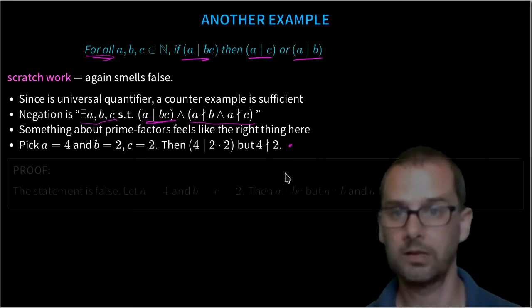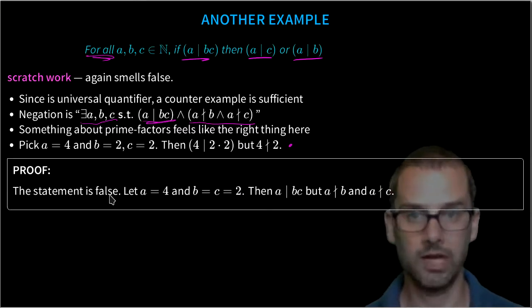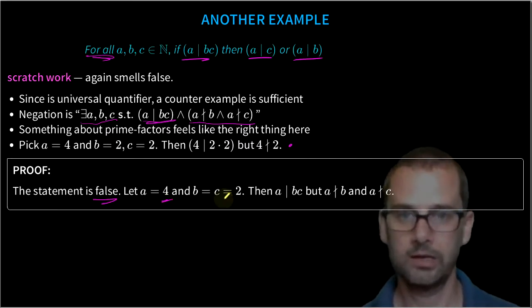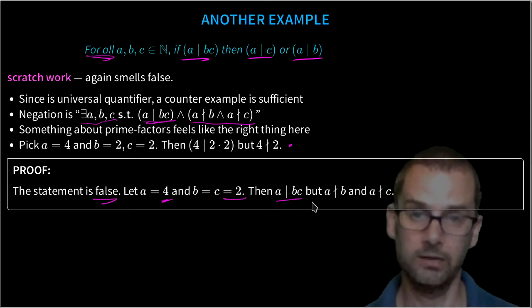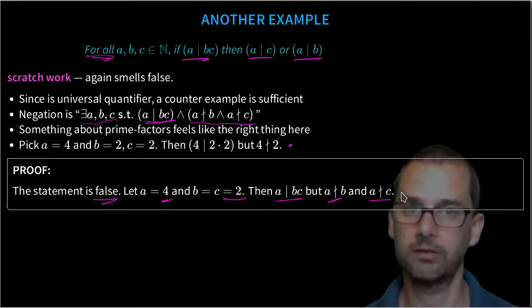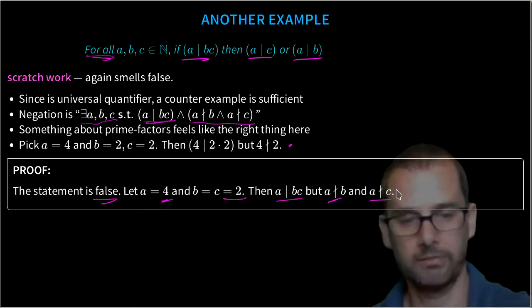So here's our counterexample. In our proof, we say the statement is false, so we're telling the reader up front what's going on. Here's a, here's b and c. Then a does divide bc, because 4 divides 4, but a doesn't divide b and a doesn't divide c. We're just explaining to the reader what's going on here. So that's not bad.